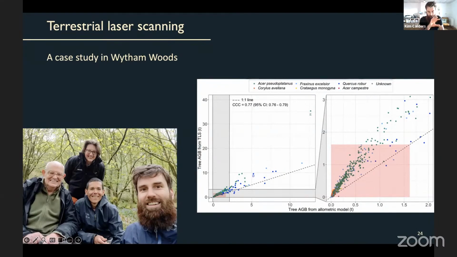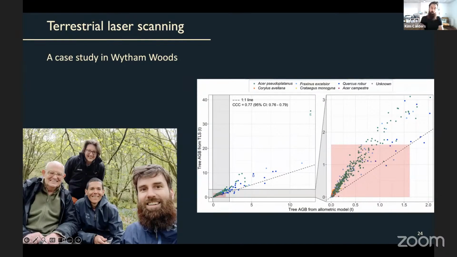On the right panel, you have a zoomed section of the smaller trees, and you can see overall that we predicted a lot more carbon in those trees. Overall, a factor of 1.7, so 170% of what would be estimated using these allometric models that are used to do the reporting to FAO.